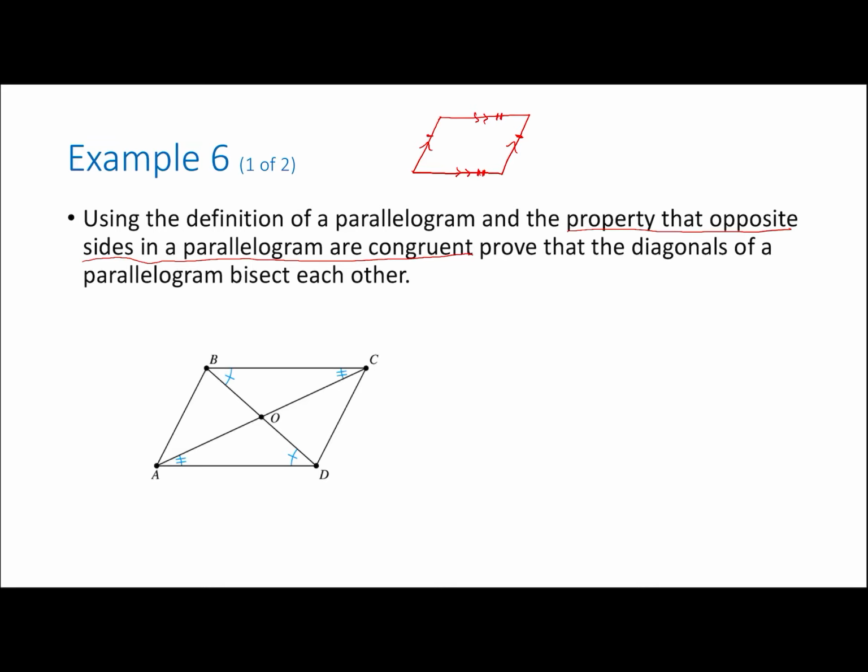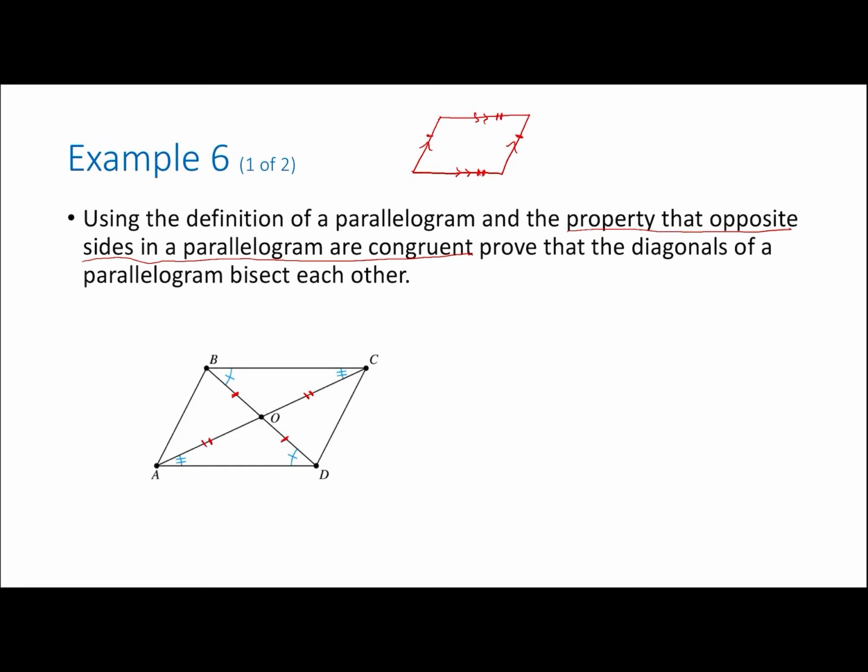It says using the definition of a parallelogram, and the property that opposite sides in a parallelogram are congruent, meaning that this length and this length are the same, and this length and this length are the same.